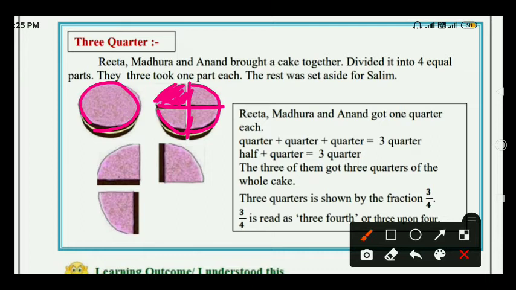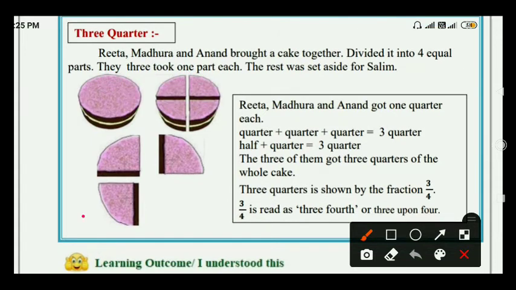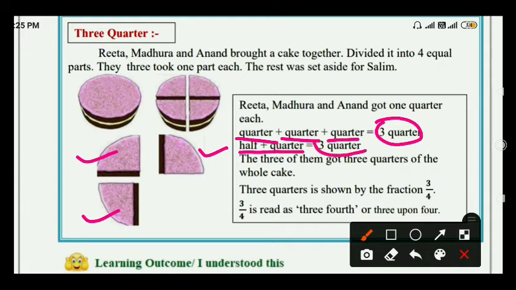Rita, Madhura and Anand got 1/4 each. Madhura got this part, Anand got this part and Rita got this part. It means quarter plus quarter plus quarter equals 3/4.